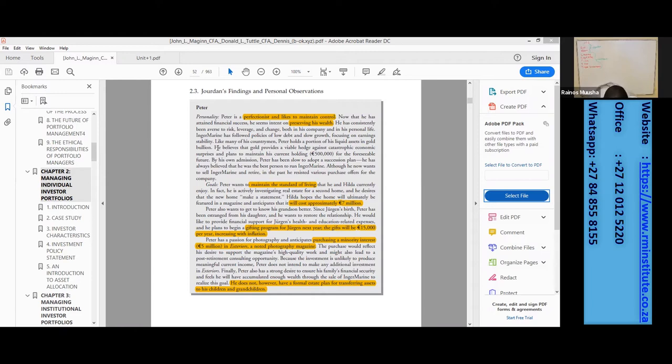Now, if you go back to the different personality types that we've looked at, the individuals who are likely to exhibit such a personality type are the ones that we consider to be methodical types of investors.